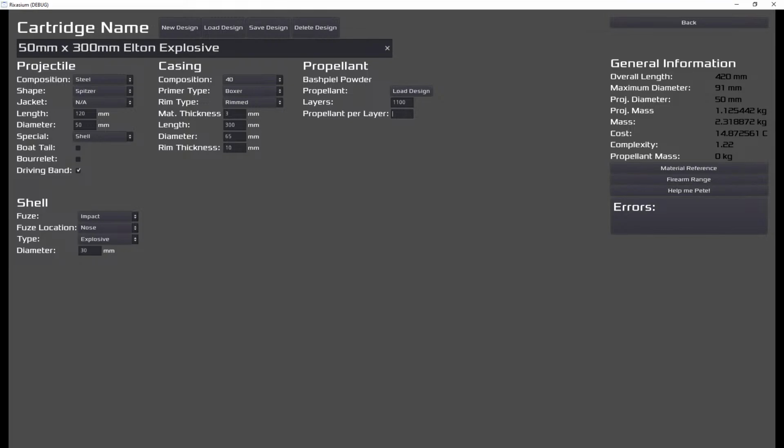It's actually really little in the world. $150 seems alright. Half a kilogram worth of powder in this shell. That's very safe.